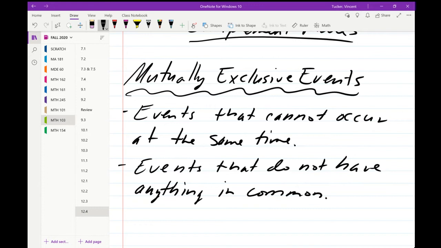All right, so mutually exclusive events are events that cannot occur at the same time, or in other words, events that do not have anything in common.